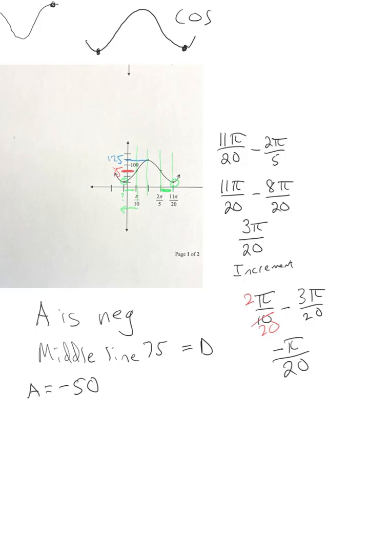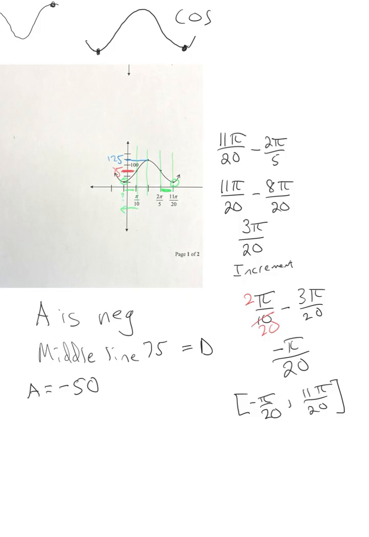All right, so that will tell us that the primary interval of this curve is negative pi over 20 to 11 pi over 20, because that's where the curve completes a cycle.